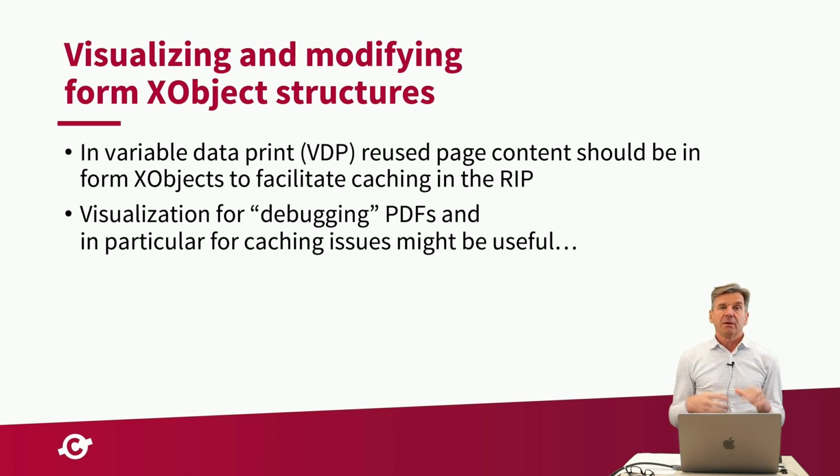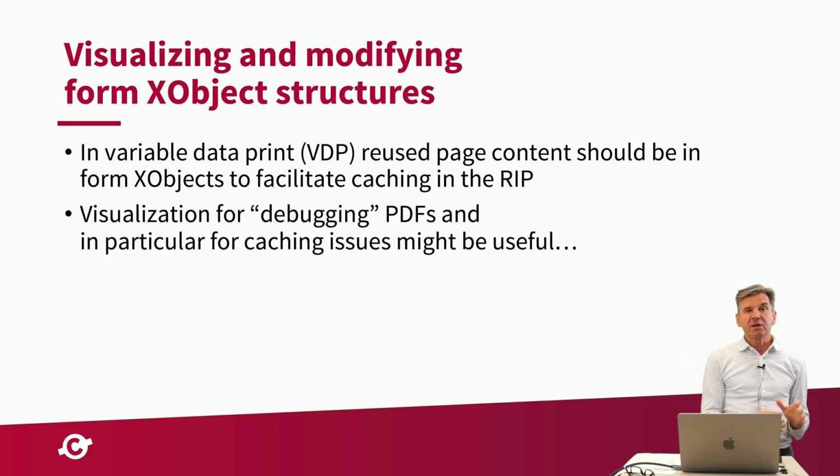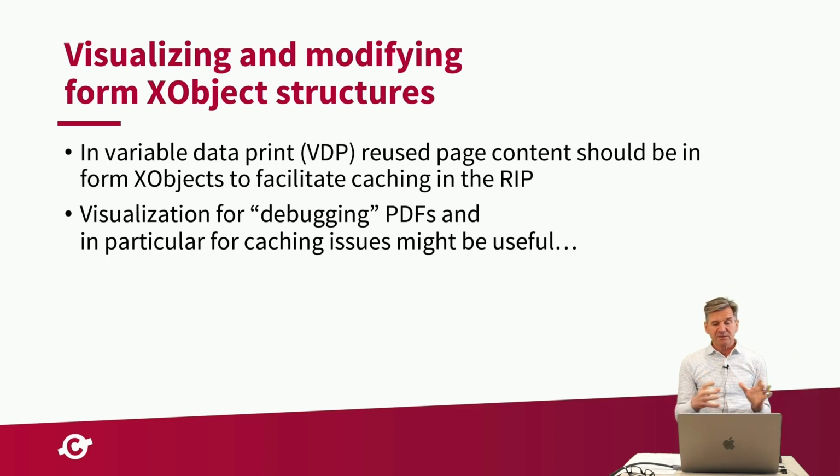So a form XObject is important for the RIP because only if reused content is in a form XObject, then it can be cached in the RIP, so that the RIP would for each page only have to process the dynamic content, the content that is changing, and could keep all the content that is reused in its memory, in the cache.